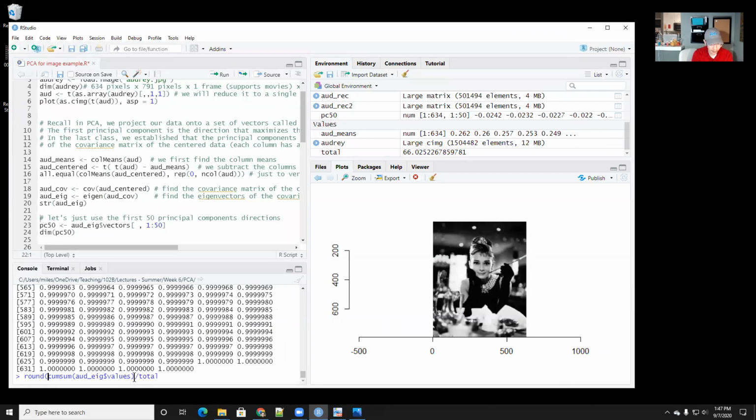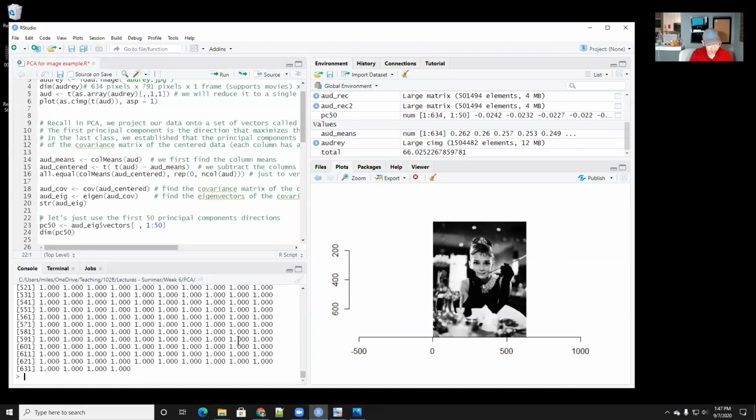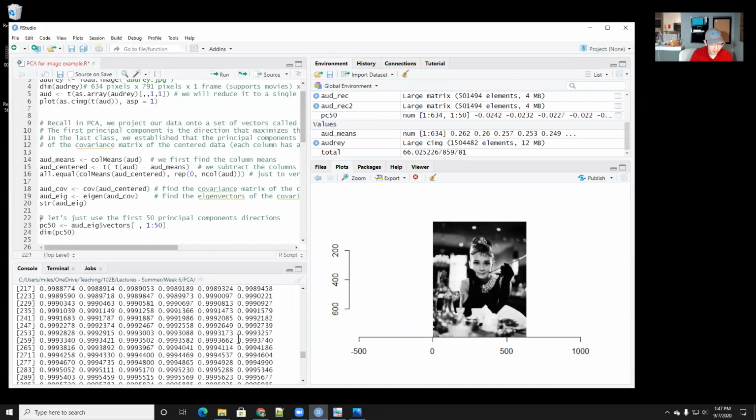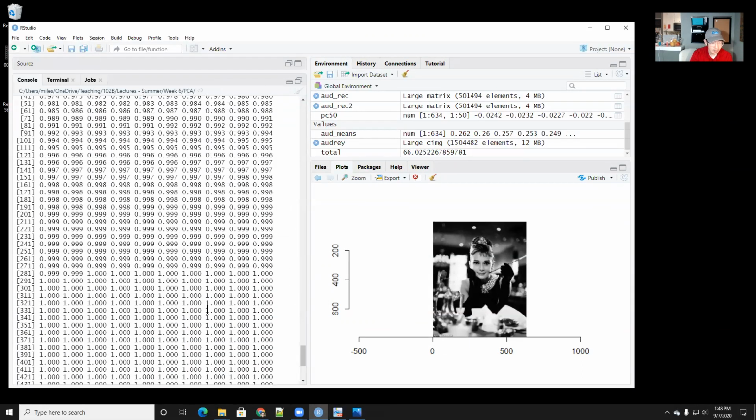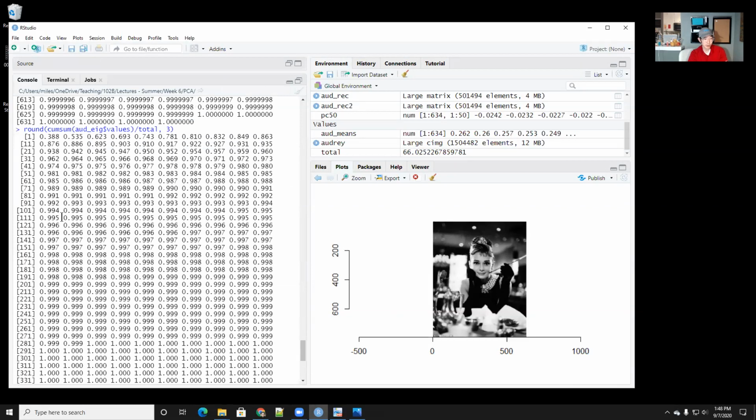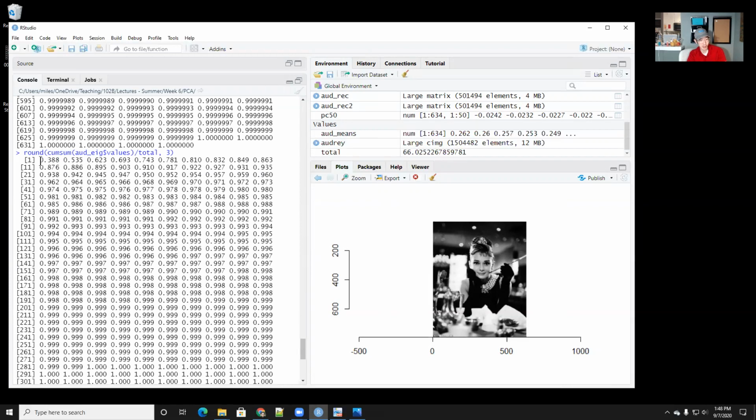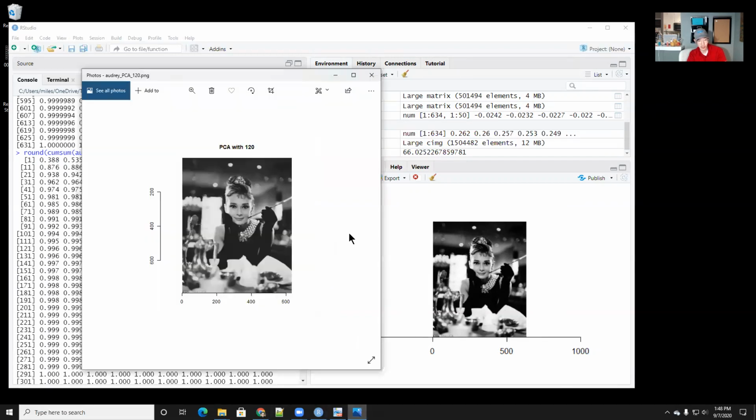Let me round to 3. So when you only keep the first principal component, you get around 38% of the variation. And when you get to, say, the 10th principal component, you're capturing around 86% of the variation.